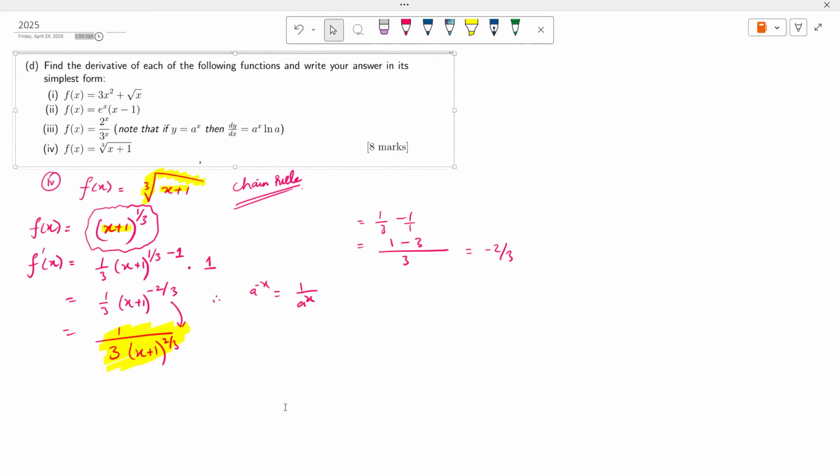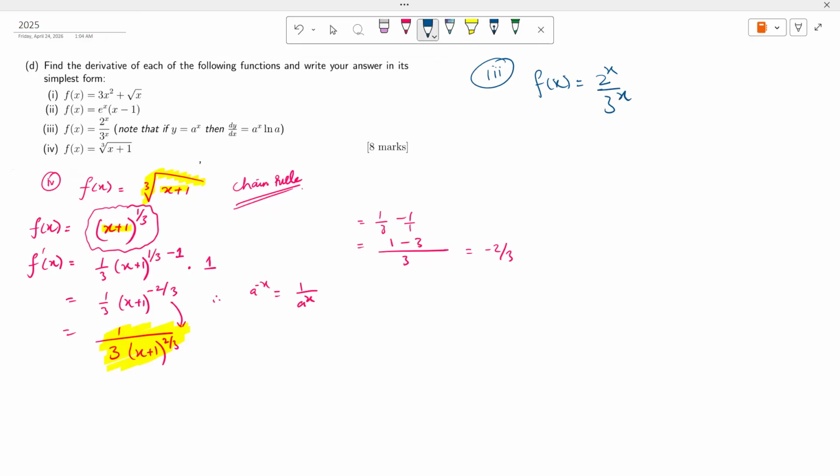Now let's do the third part. The third part is quite simple. f of x equals 2 to the x upon 3 to the x.